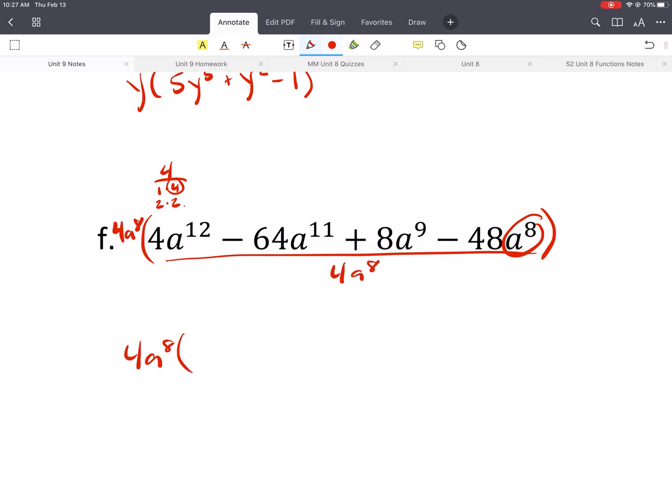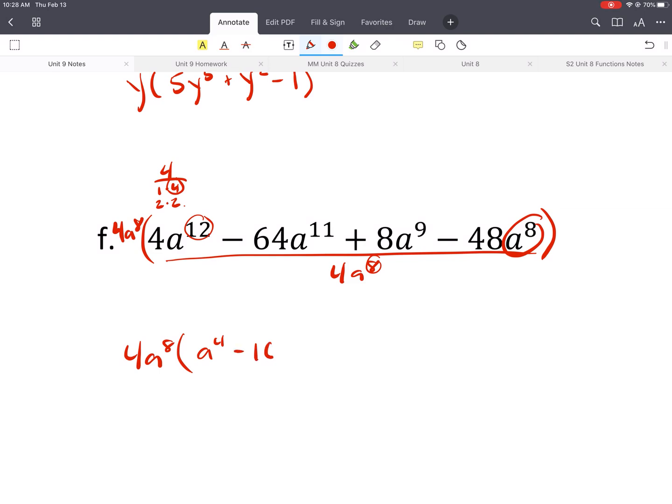4a to the 8th times, so 4 divided by 4 is 1. And then we'll do 12 minus 8 gives you 4, so a to the 4. Negative 64 gives you 16.